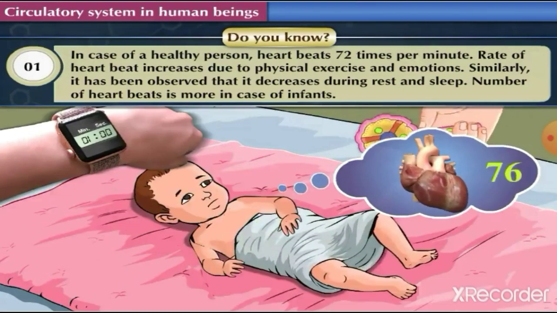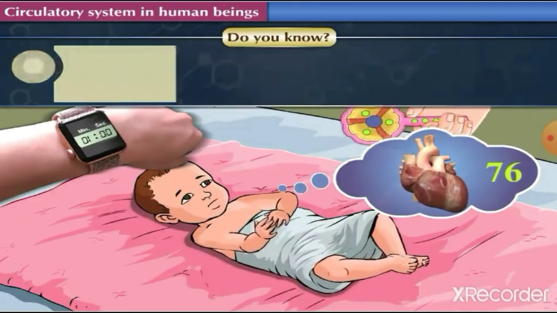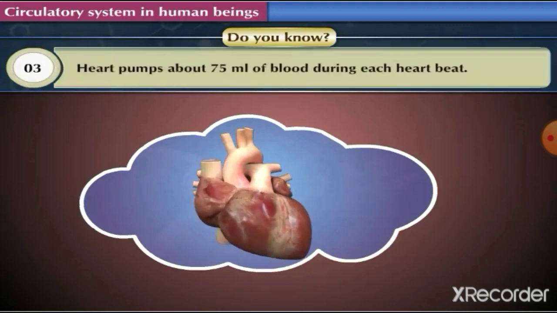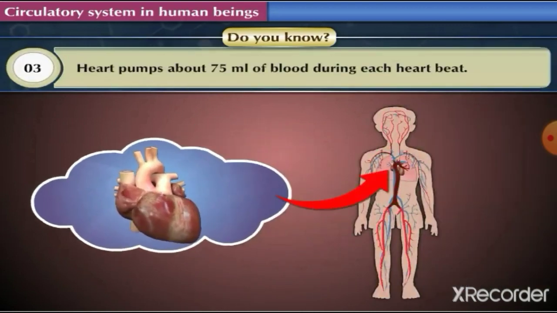Number of heartbeats is more in case of infants. 2. Two types of sounds are heard during heartbeat. One is described as lup and the other as dup. 3. The heart pumps about 75 milliliters of blood during each heartbeat.